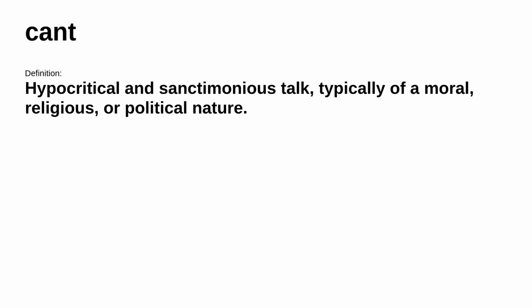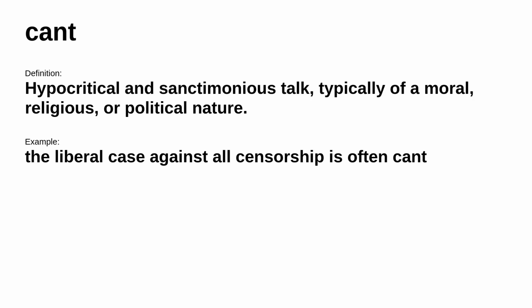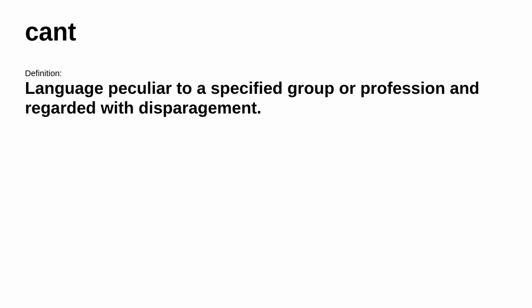Up next, cant. It means hypocritical and sanctimonious talk, typically of a moral, religious, or political nature. For example, the liberal case against all censorship is often cant. However, in a different situation, it's defined as language peculiar to a specified group or profession and regarded with disparagement.